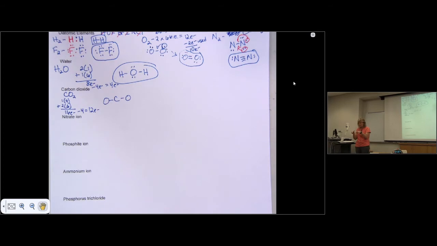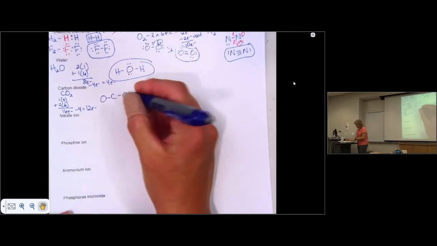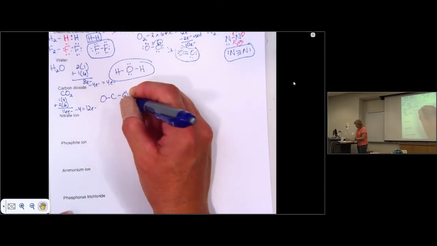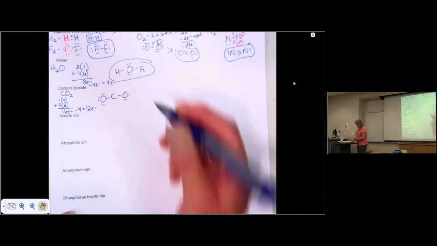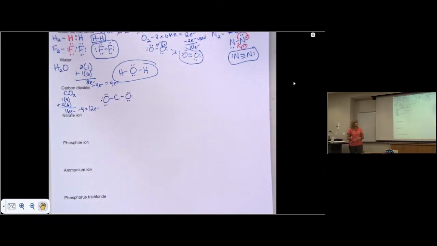Look at your periodic table, guys. It's on there. What does it say that oxygen's electronegativity is? 3.44. What is carbon's? 2.55. So is oxygen more? Yes. So we're going to place them around oxygen first because it is the most electronegative.